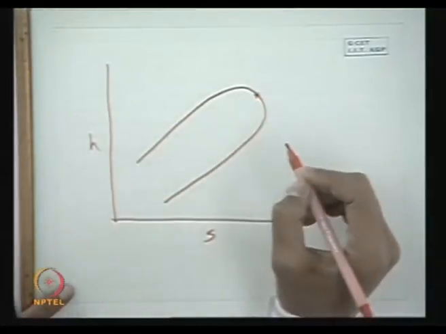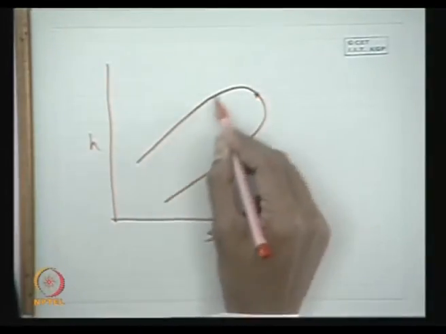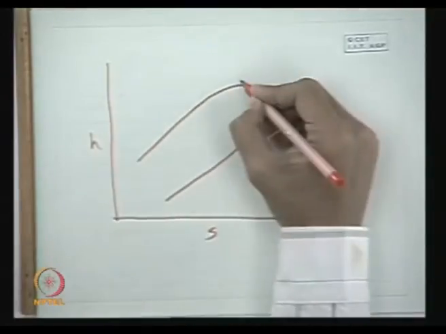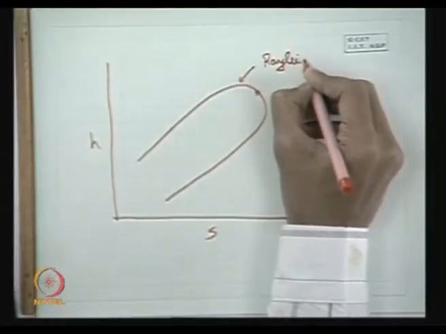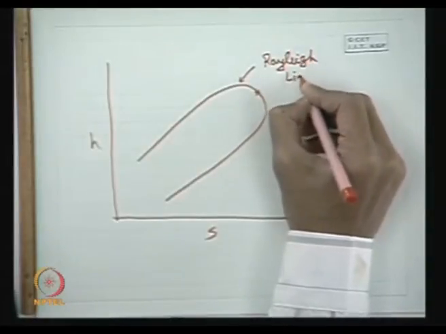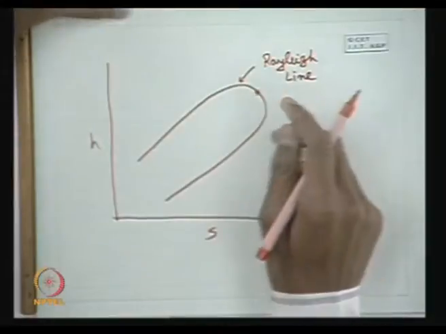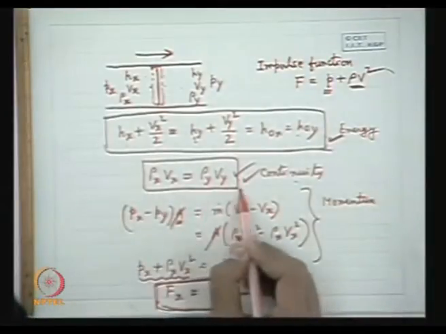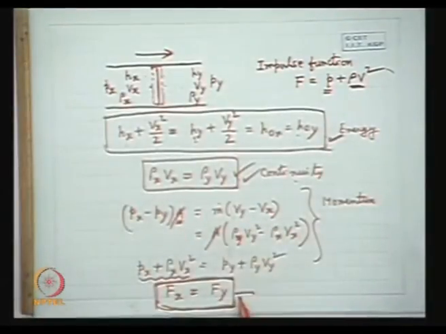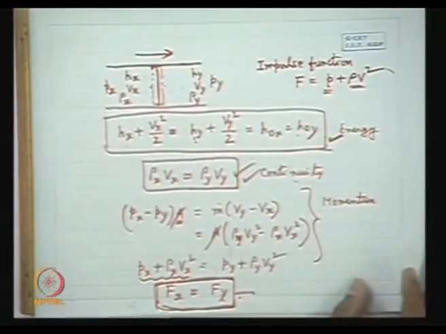So, there will be a point like this. What does this curve represent? This curve is known as the Rayleigh line. Again, first look mathematically: the Rayleigh line is drawn by joining the locus of points which satisfy the continuity equation, the momentum equation where the impulse functions are equal, and the equation of state.